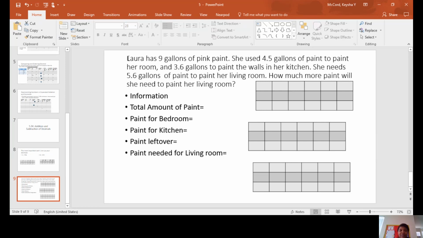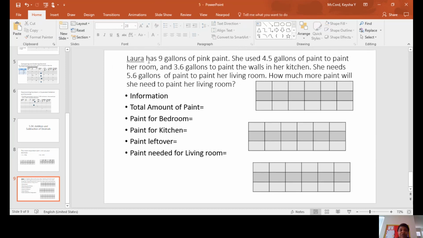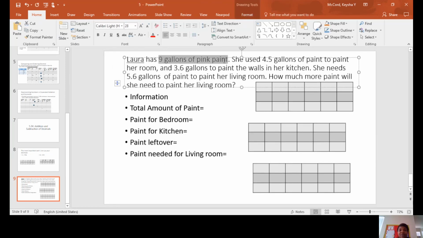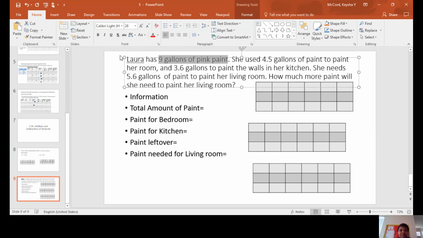So if I look at my problem, I'm talking about Laura. Laura has 9 gallons of paint. Okay, this is important information that I need to know.